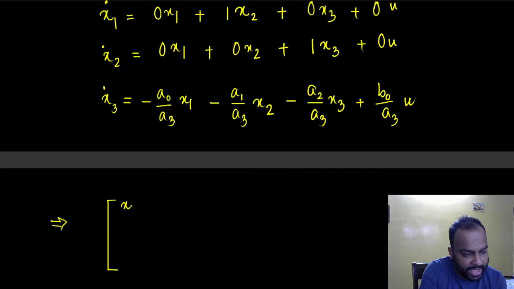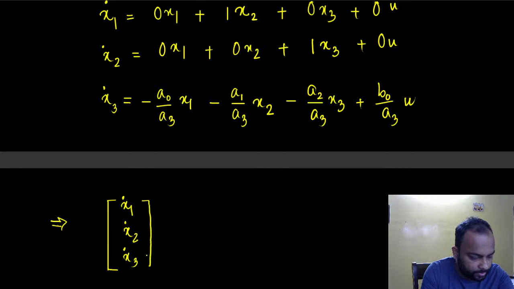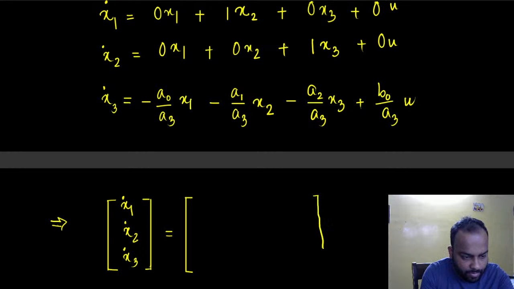So this is going to be x1 dot, x2 dot, x3 dot, okay, and this is equal to, notice very carefully, I believe all of you understand how matrix multiplications work.